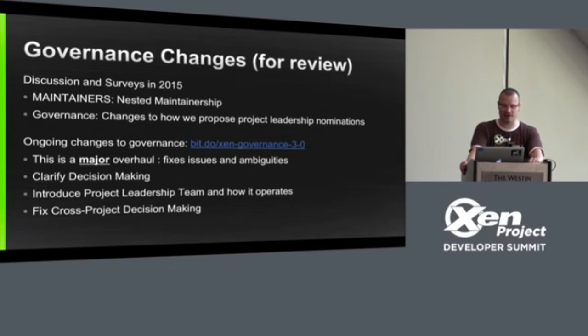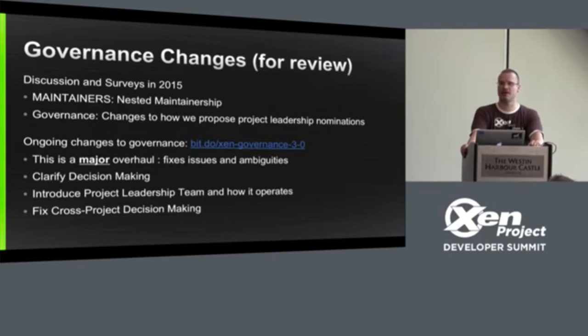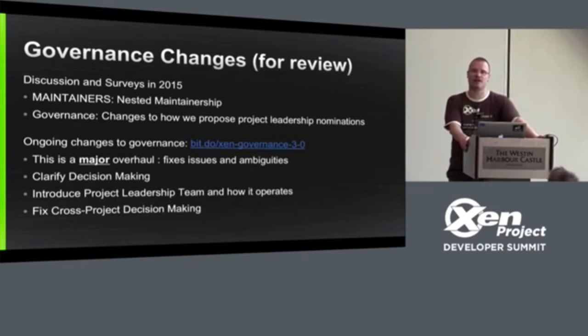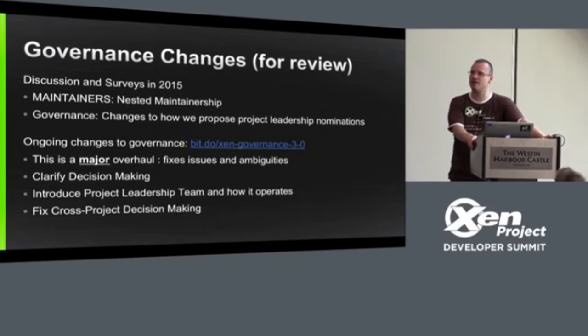We introduced the project leadership team as a concept, and we're also fixing some gray areas in terms of how we make decisions across different projects. Because there's the Hypervisor project, but there's also the XAPI project, the Windows PV driver project, and Mirage OS as well, which are all hosted within the Xen project.